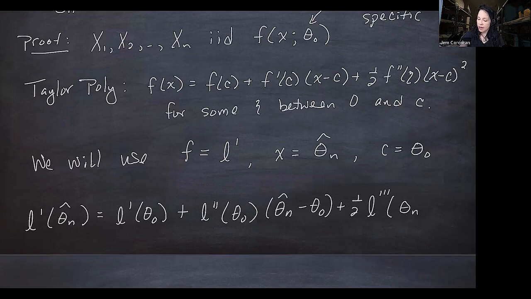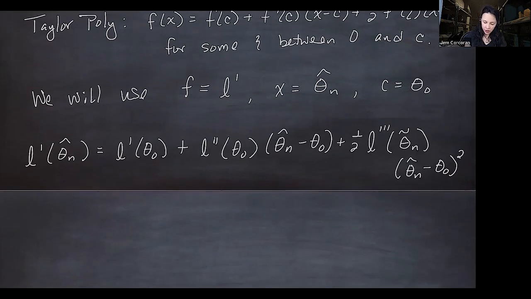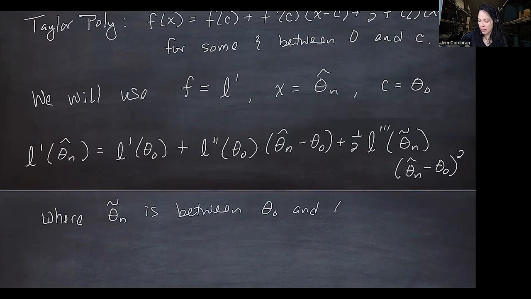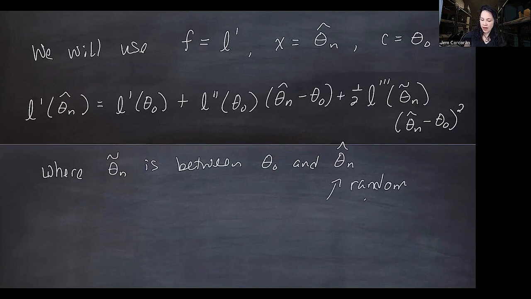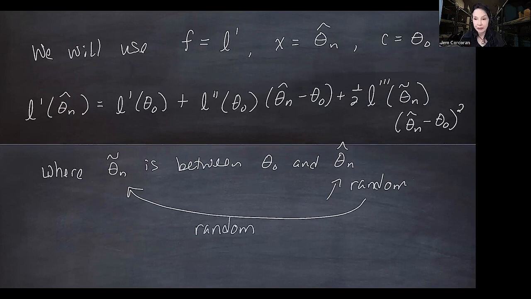I think we called it theta sub n tilde. And then I'm going to finish this off with the MLE minus theta naught squared, where theta n tilde is between theta naught and theta n hat. And again, because this is random, that will make the in-between random because the endpoint's going to be moving around.